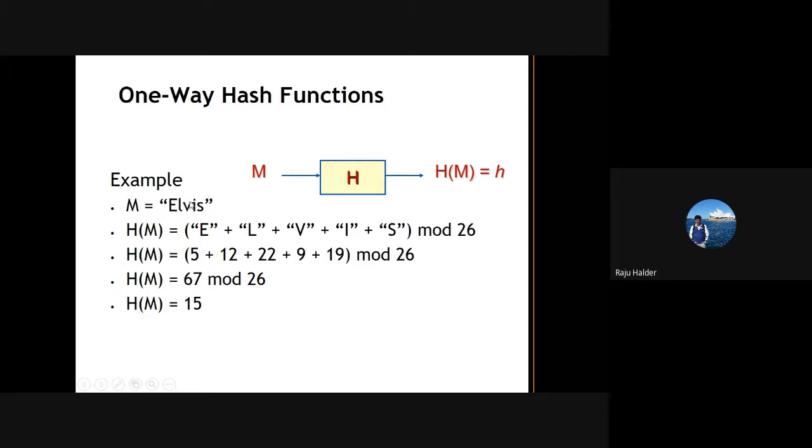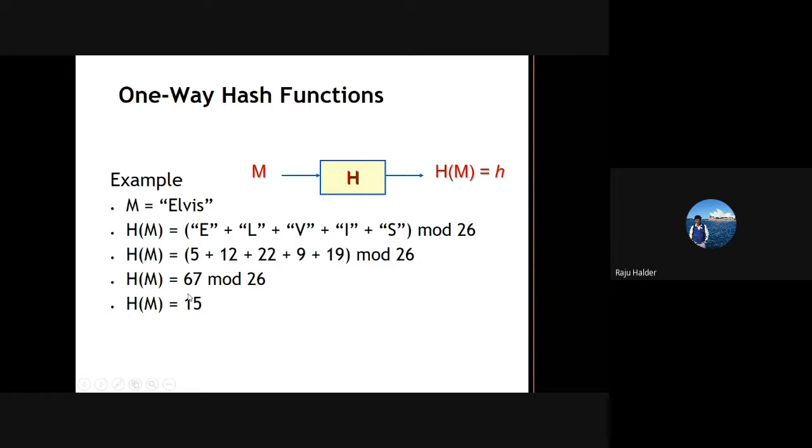Let me give one example, that this is my input. I have taken some word, and the hash function I defined as this one, mod 26. This is the hash function. So what will the hash function do? It will take this string, consider the numerical value of those alphabets, and then apply mod 26 after summing up.